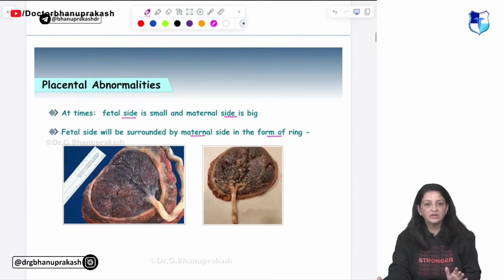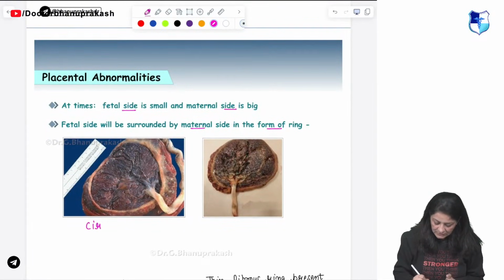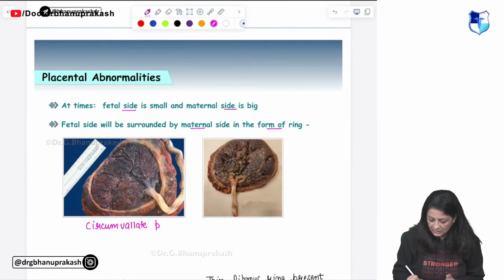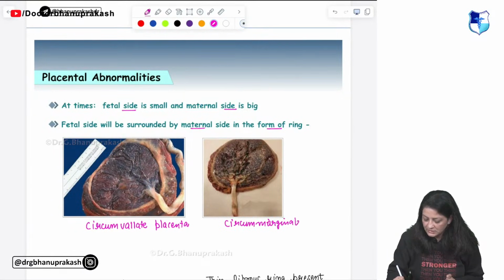There are two types of placenta: first, circumvallate placenta, and the second, circummarginate placenta.